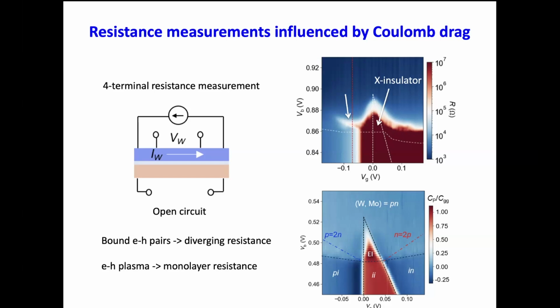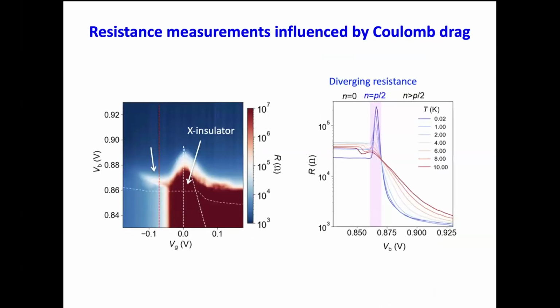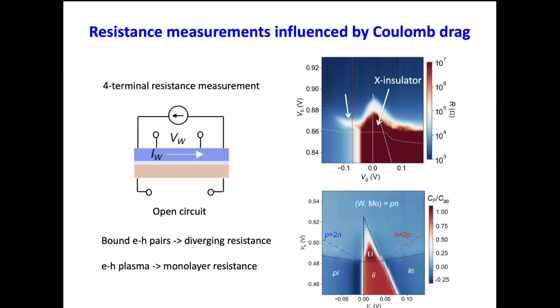But you can also see that there is an interesting region here. There's this line here where, if you do a temperature dependence, for instance cutting along this line, you get a diverging resistance with decreasing temperature exactly at this point. The interesting thing is that this line happens exactly at the P equal to 2n line in the phase diagram, when the hole density is about twice the electron density.